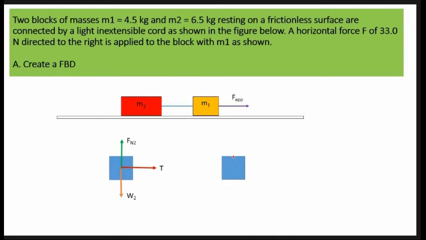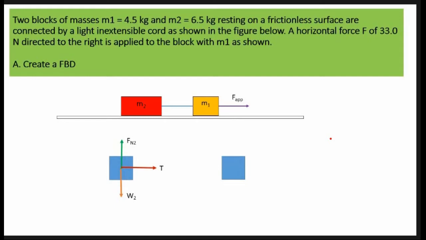Do we have friction here on the left side? No, because it is resting on a frictionless surface. So we are done with the free body diagram of mass 2.